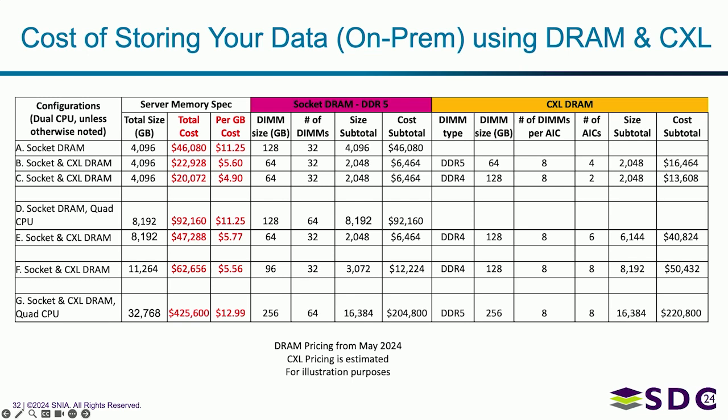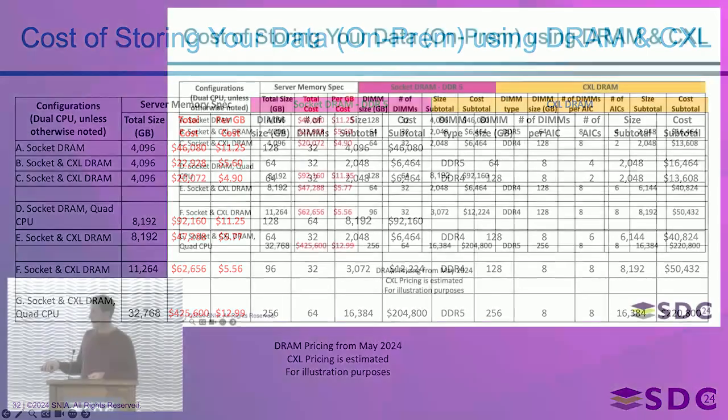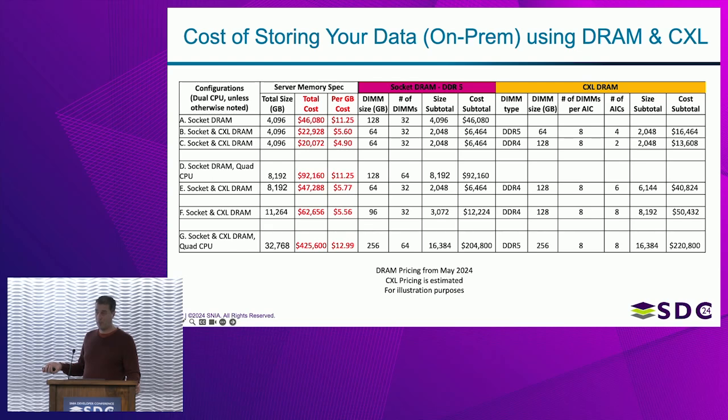So what happens if we substitute some of that and say, well, let's choose the smaller capacity DRAM, the cheaper stuff at 64 gig. We'll still keep the 32 count, so we're still fully populating that system, which means I've got 2 terabytes of DRAM, and then let's offset the other 2 terabytes with CXL memory.